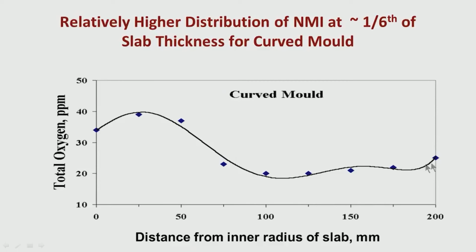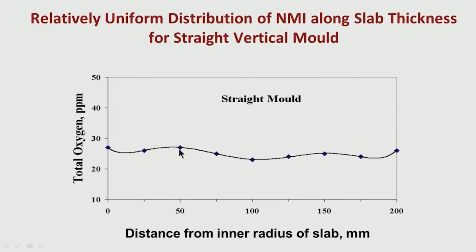The other surface, which corresponds to the outer radius, will have relatively fewer defects. This has more defects. Here, when you are trying to roll it to lower and lower thicknesses, defects will be getting exposed uniformly at both the surfaces.